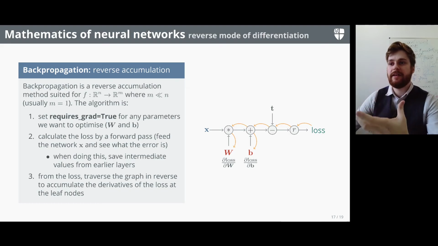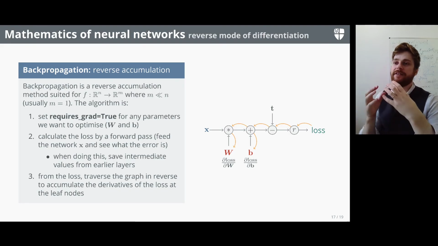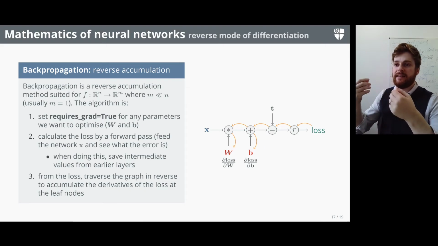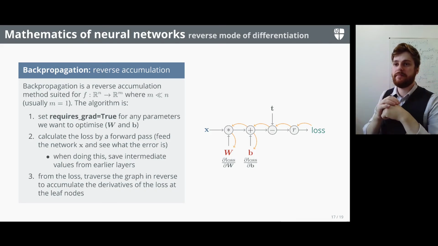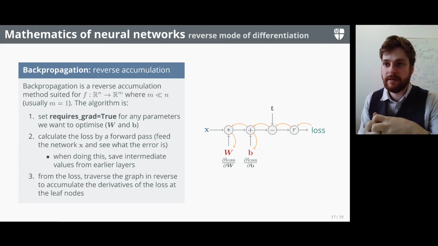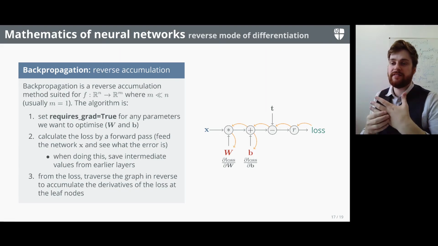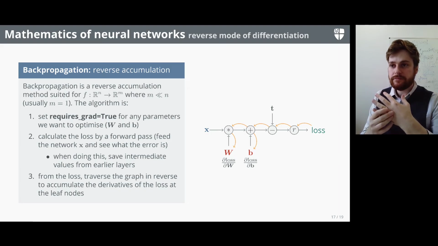But hang on, if x has say 1 million values, like just a medium-sized image, and let's assume the next layer is the same size, then your Jacobian will be a 1 million by 1 million sized matrix, which would require 1 terabyte of memory. And this is called the forward accumulation strategy, and it's just not feasible.